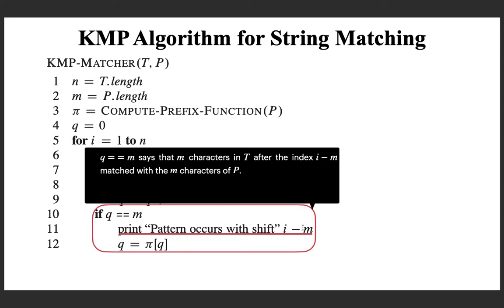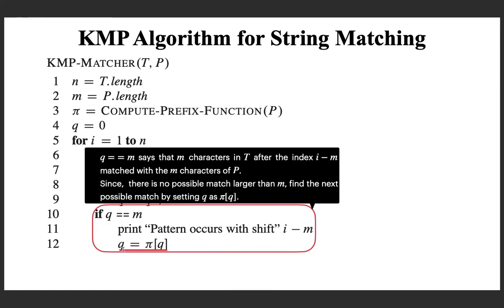So you print i minus m as the shift. This is what we observed in the first lecture where we discussed automata based string matching. If you find a matching at index i, then i minus m is the shift that you are looking at. Okay, now you are updating q as pi q.